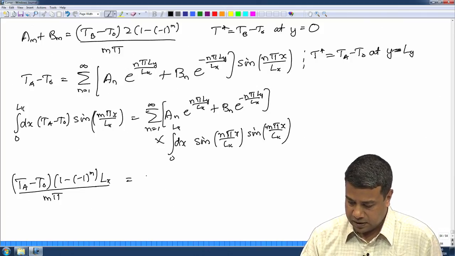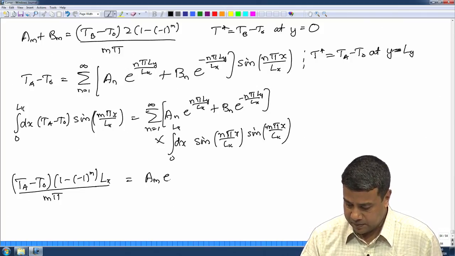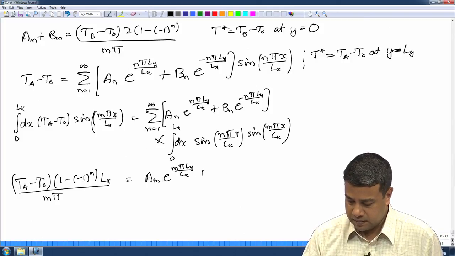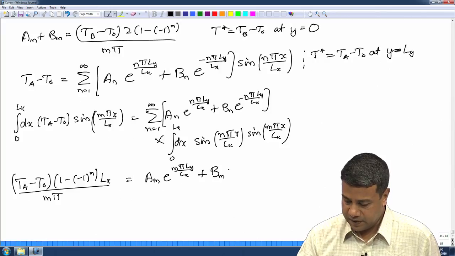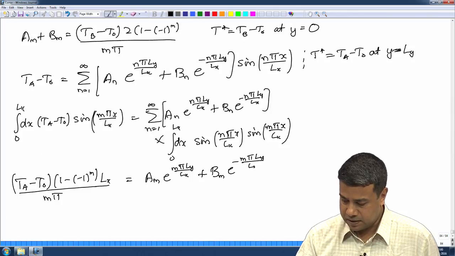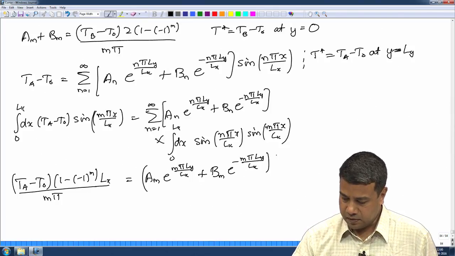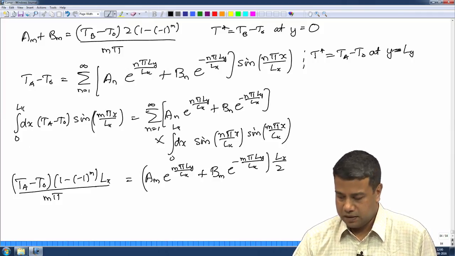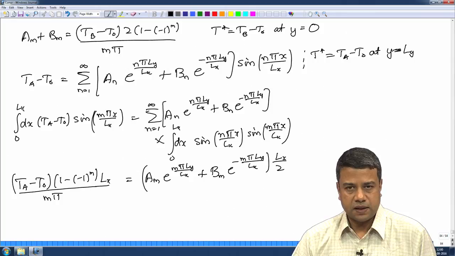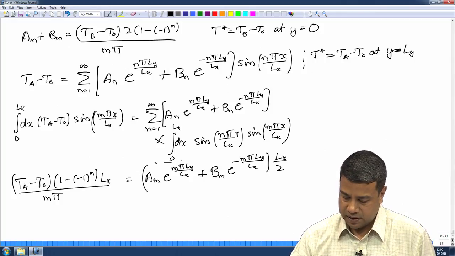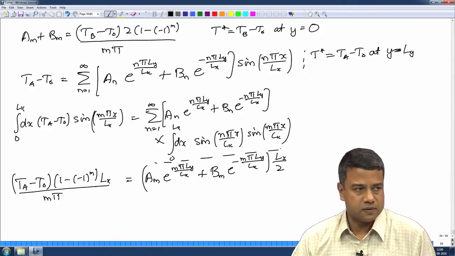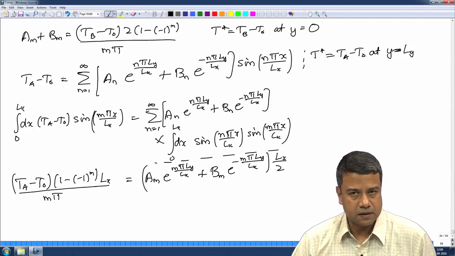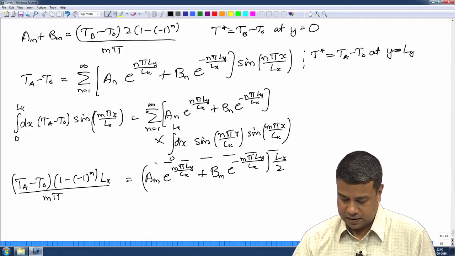And here I will get Am e power m pi Ly by Lx plus Bm e power minus m pi Ly by Lx into Lx by 2. So, that is the equation that I get from the orthogonality relations by using the fact that this is non-zero only when n is equal to m.